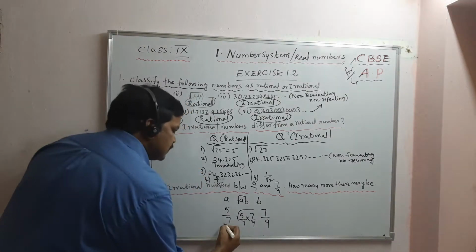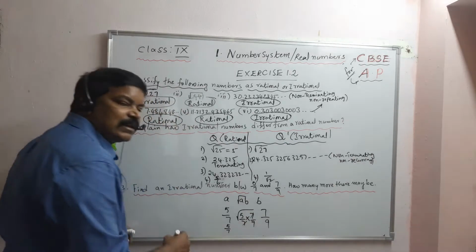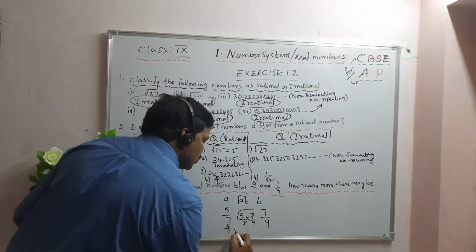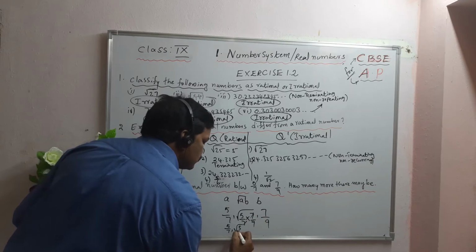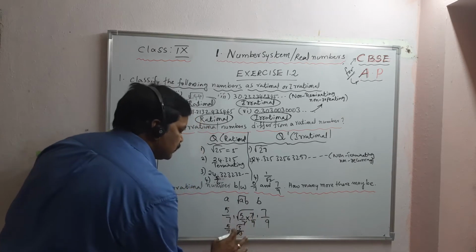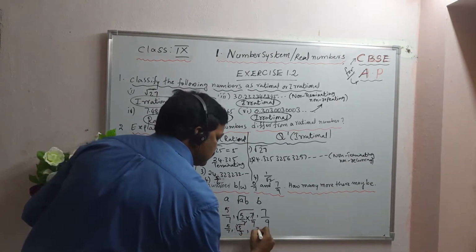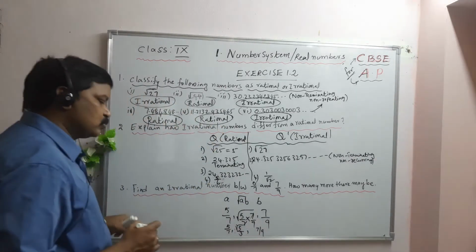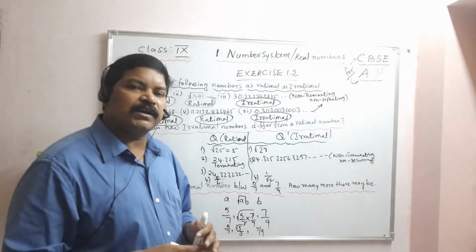So that means 5 by 7, here 7 and 7 get cancelled, root of 5 by 9. Root 5 by 9 means root 5 by 3. The square root of 9 is 3. So root 5 by 3 lies between 5 by 7 and 7 by 9. So what is an irrational number between 5 by 7 and 7 by 9?